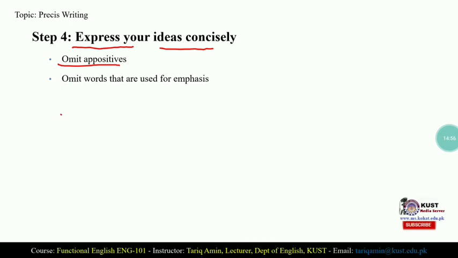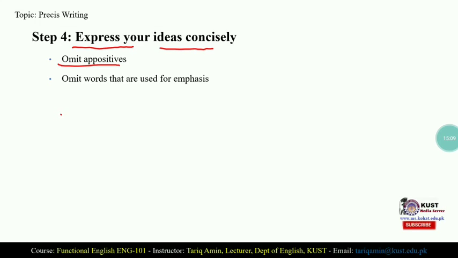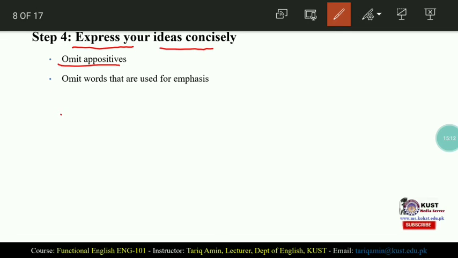And you should omit appositives. It will help you summarize your ideas. It will help you write the key points, write sentences concisely. You should omit appositives. And the other point is omit words that are used for emphasis. When you read different texts, you will come across different words that are majorly used for emphasis.